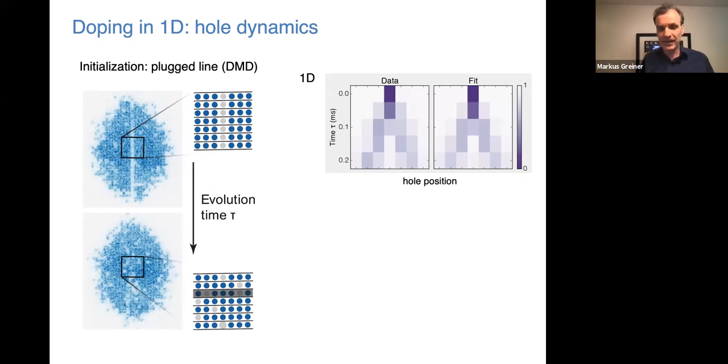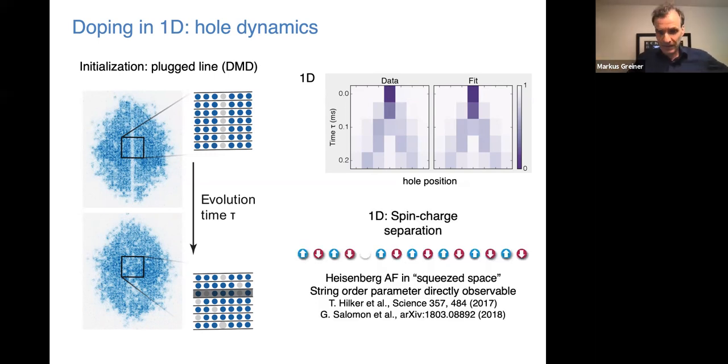Which in a way is kind of surprising, because what we have here is essentially a 1D Heisenberg antiferromagnet, and then we have this individual hole, but the hole actually seems to move completely freely as a quantum particle.